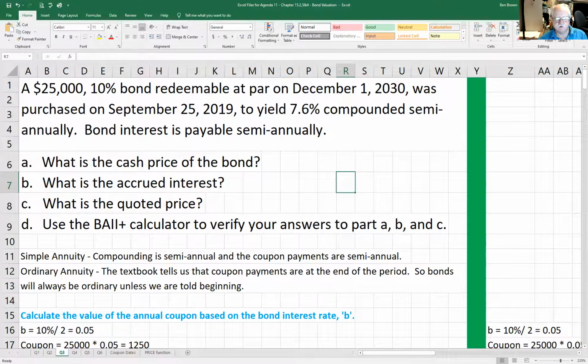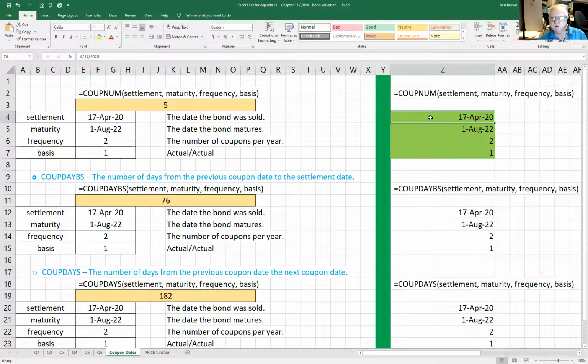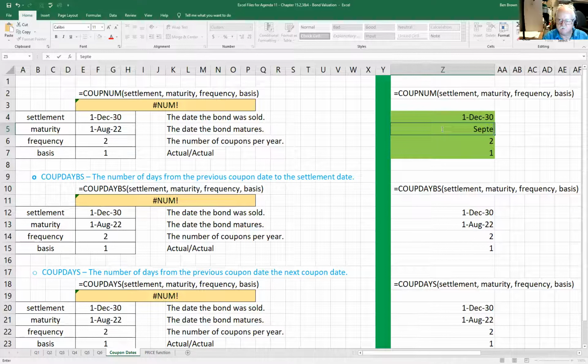And so let's take those dates over to this coupon dates thing and plug those in. Just put the date in here. December 1st, comma, space, 2030. And September 25th, comma, 2019.